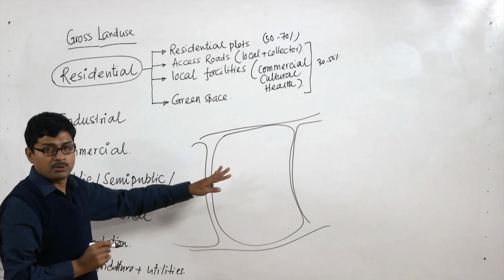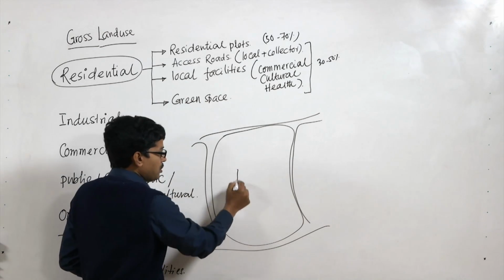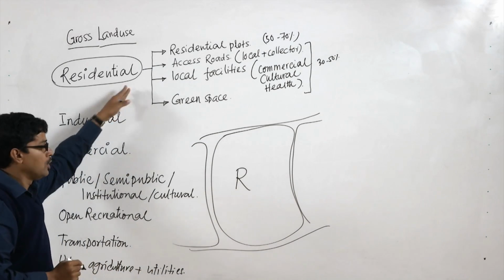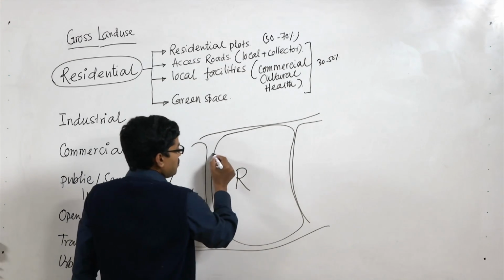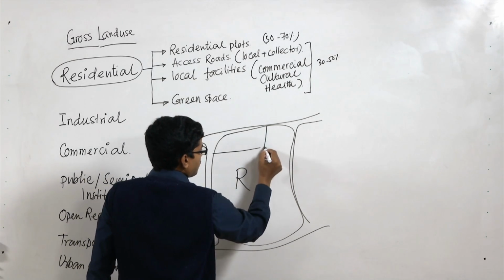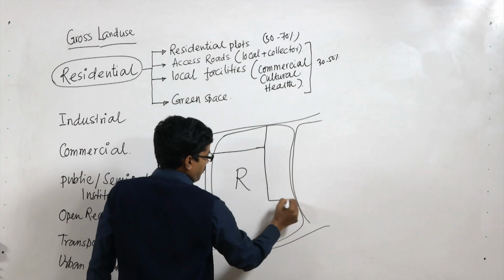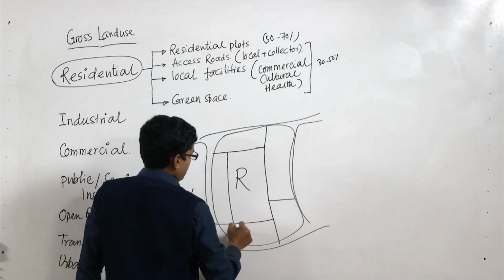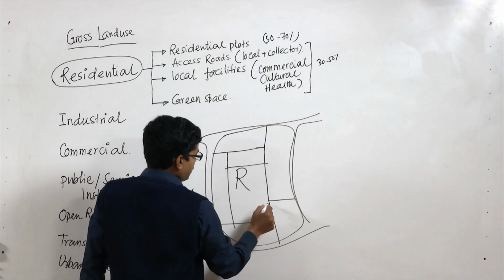this zone which is otherwise shown as residential as a gross land use with yellow color, we have to make further distribution of the plots, like this.